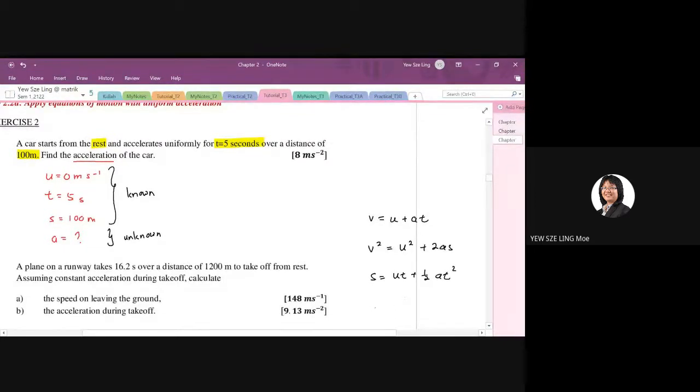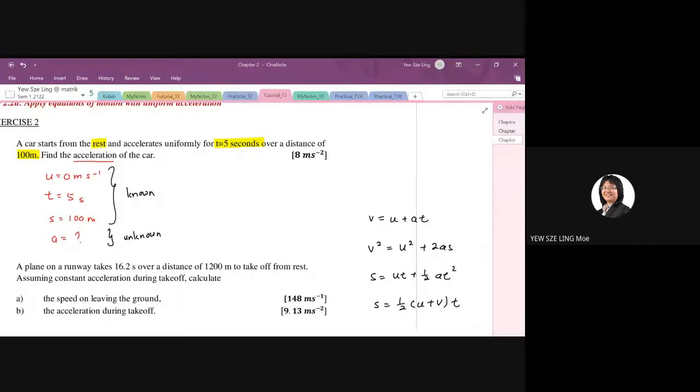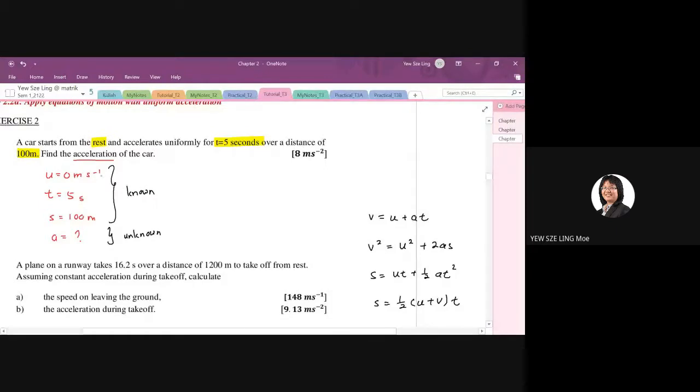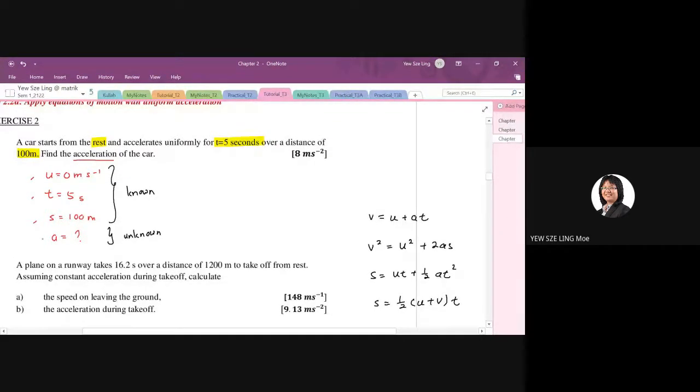And the last one is s equals 1 over 2 (u plus v) t. So what am I going to do now? I'm going to compare my variables on the left hand side with the equations on the right hand side. So I have u, t, s, a. As you can see here, one of the variables is missing, which is v.